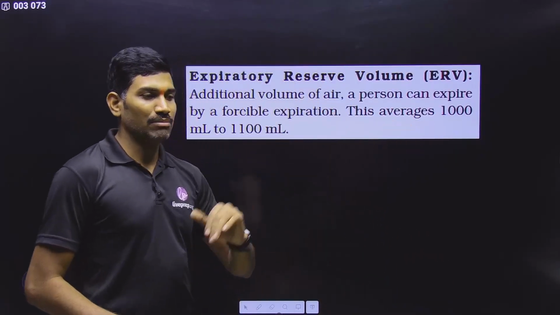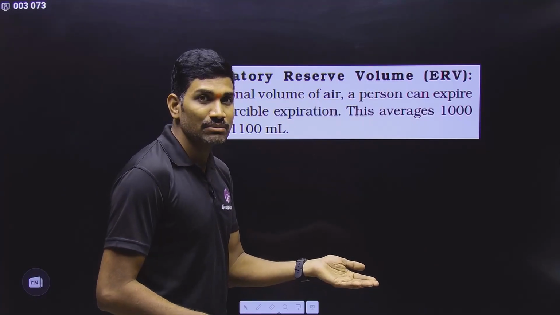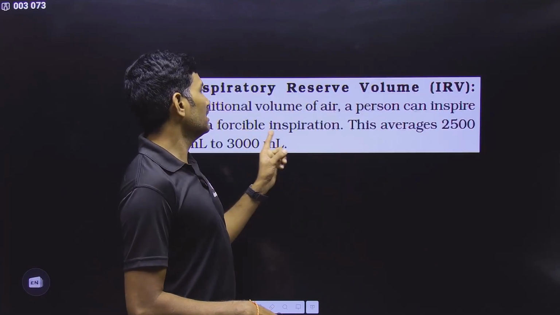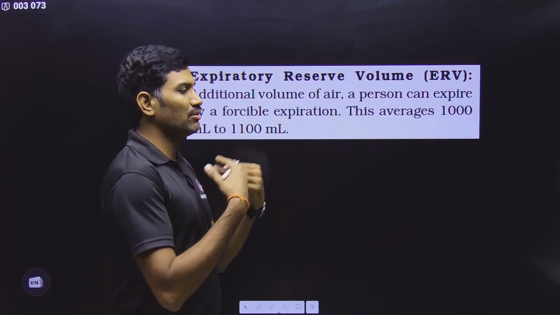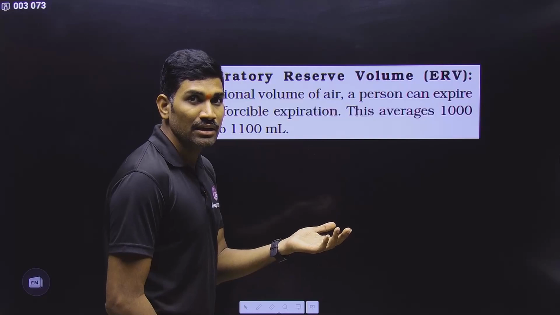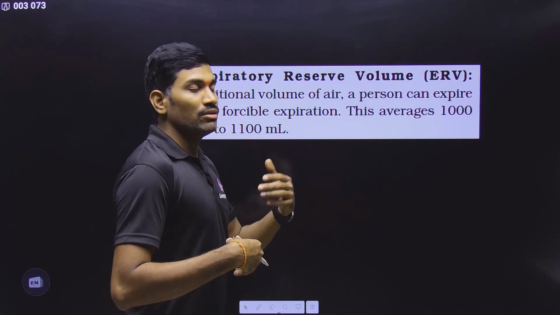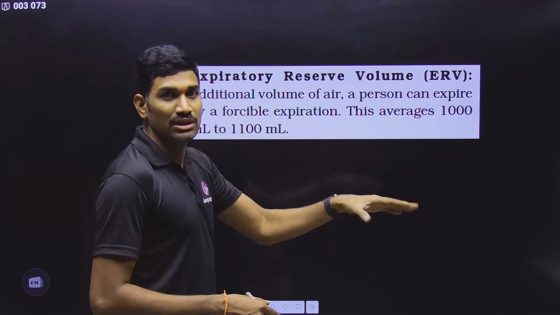Same way expiratory, but it is opposite. During expiration, normally we are expiring tidal, but sometimes we can do extra. But please remember, these calculations we are doing in the normal condition. So observe carefully here. Normally we are doing expiration, tidal volume, but sometimes we can do forced. Yes or no? We can do forced. In that, anyhow tidal is there, remove that.